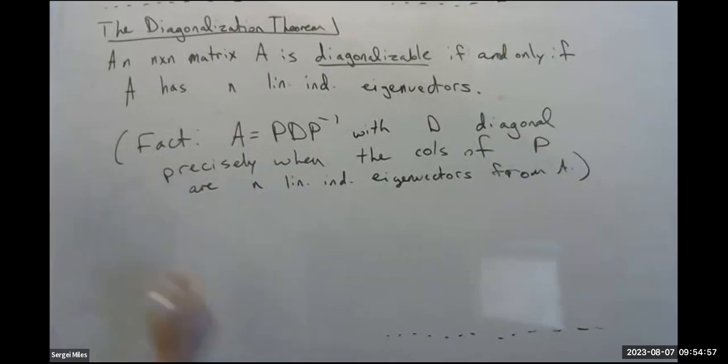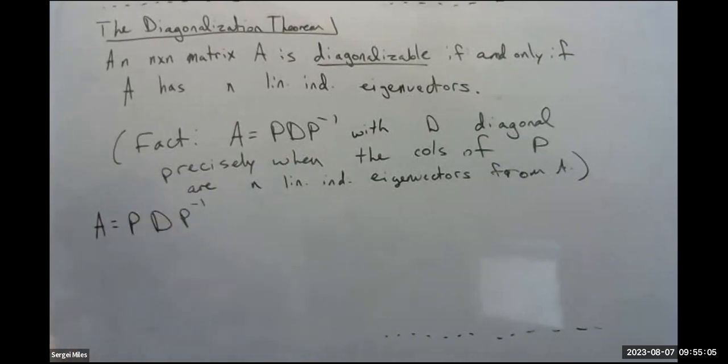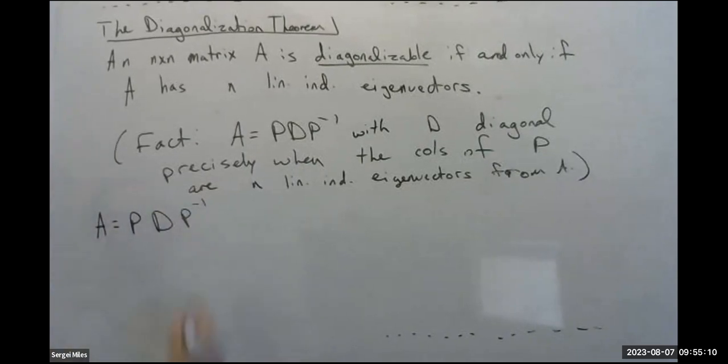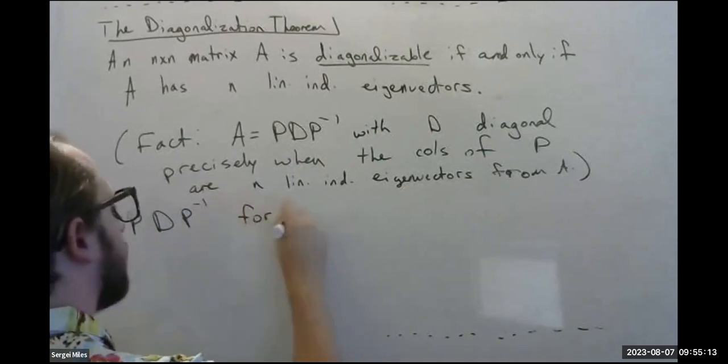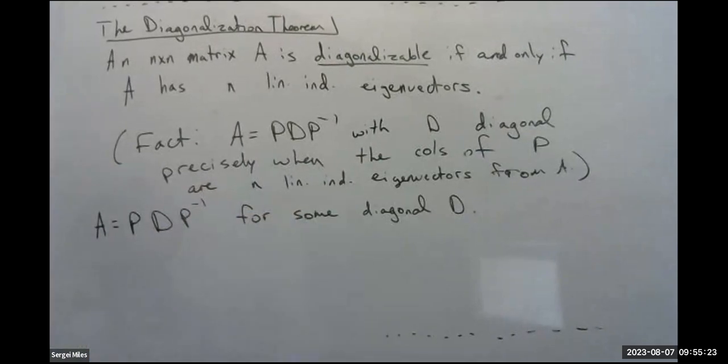This means A equals PDP inverse for some diagonal D. Now, if I multiply on the right side by P, then we have A times P equals P times D. Okay, fine.